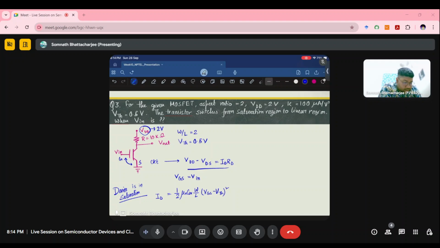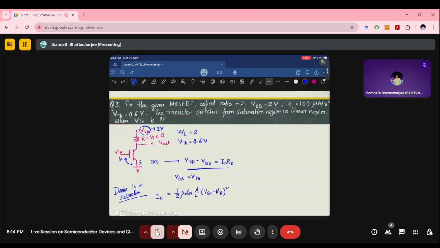So from here we can get the value of ID, and from here we can get the value of ID. If we equate both, we will get the value of VGS. But here, two parameters are unknown, right? ID and VGS. So that's why we have two different equations.